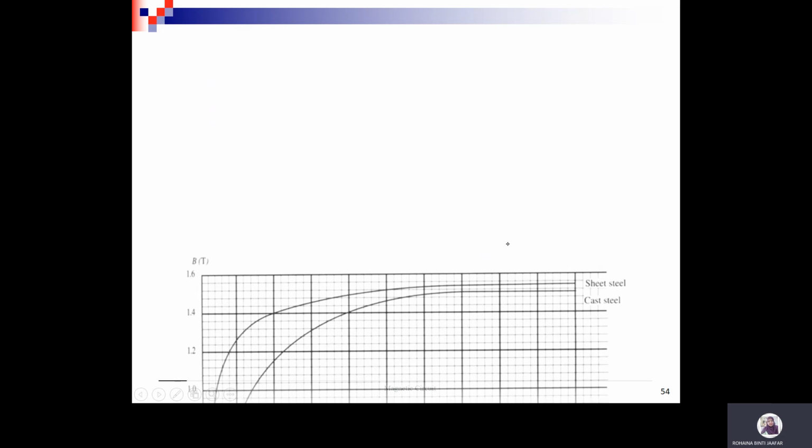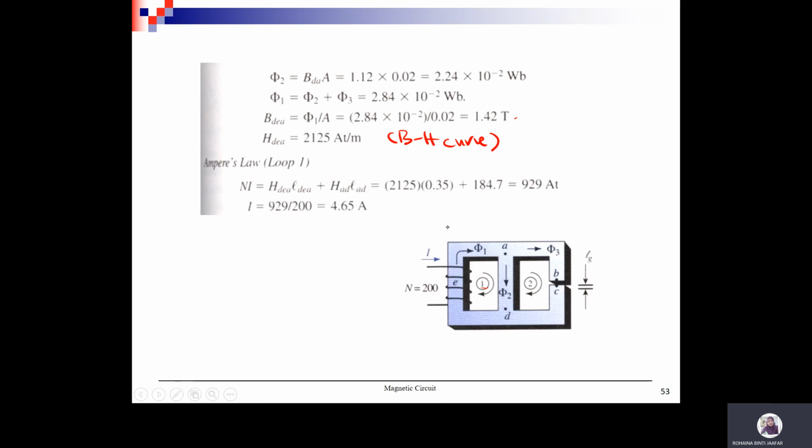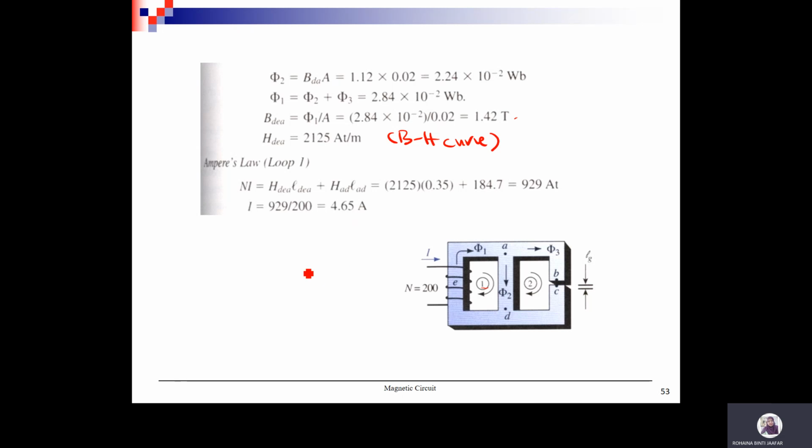So this is at this section only. So you will get Ni equal to 929 ampere turn.